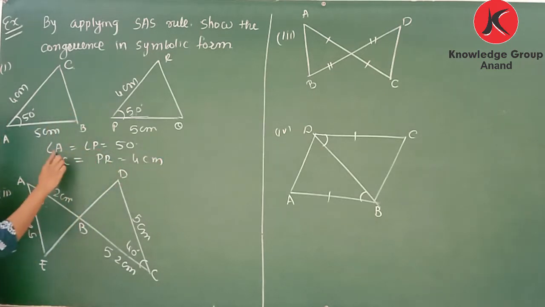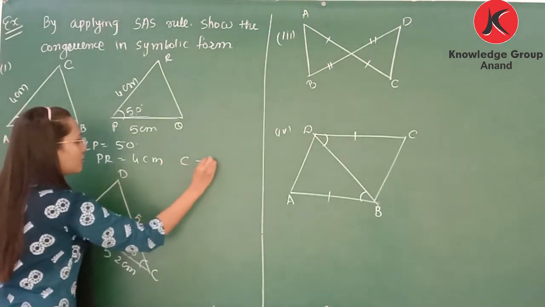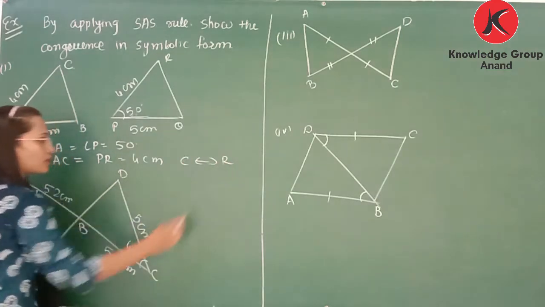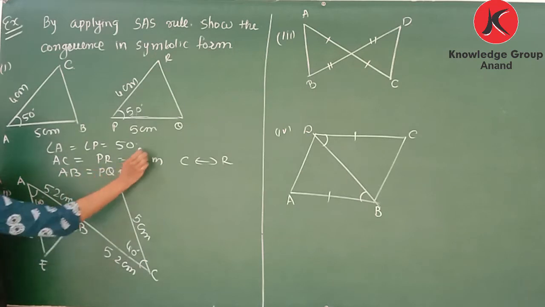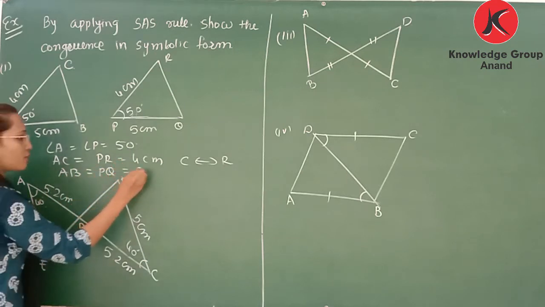Now we already saw that A and P are the same, so C corresponds to R. Now remaining, AB is equal to PQ, that is 5 centimeter.